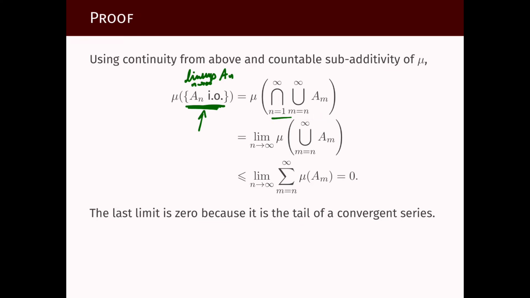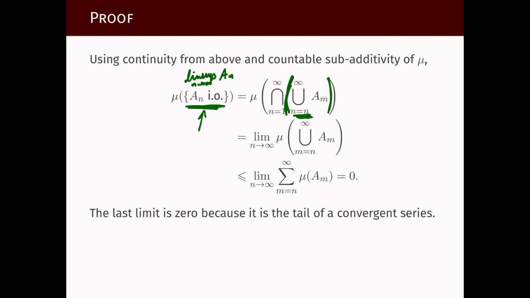And now, for each n, as n increases, this set is getting smaller and smaller because we're taking the union over a smaller family, since we're starting later and later. So the set in parentheses is decreasing as n varies.